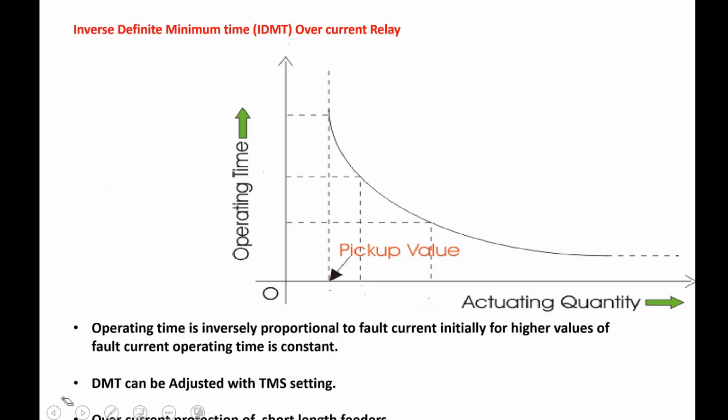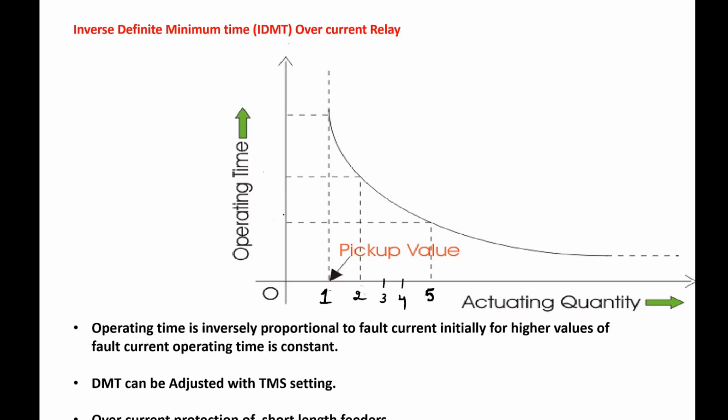Once the current exceeds pickup value, for the initial range of say up to PSM equal to 5, that is 2, 3, 4, 5, the operating time is inversely proportional to the PSM value. That means as PSM value increases, you can notice the operating time is reduced.